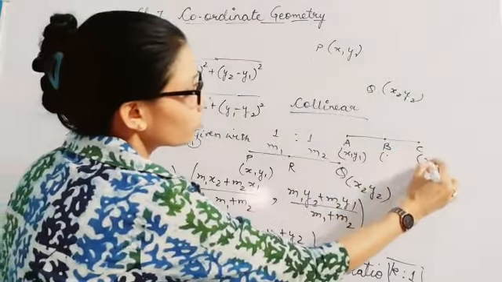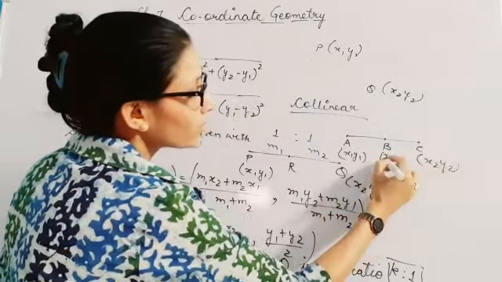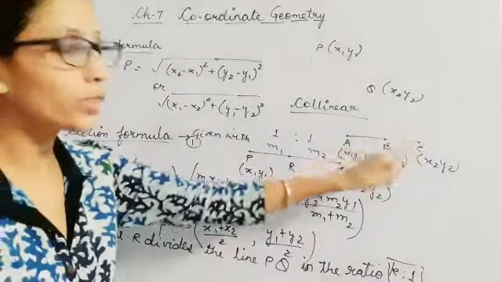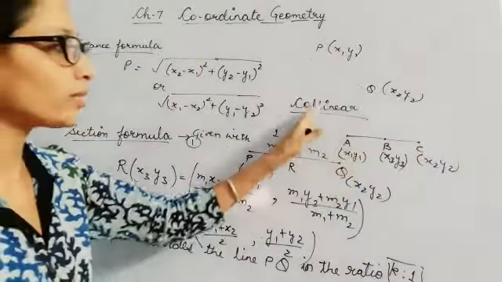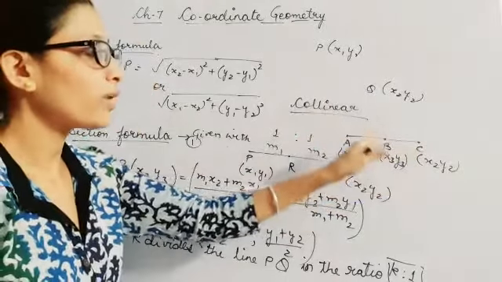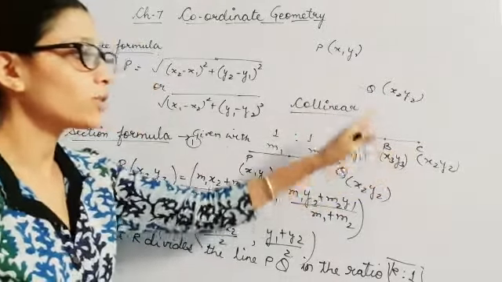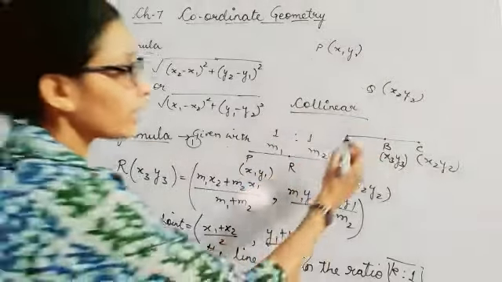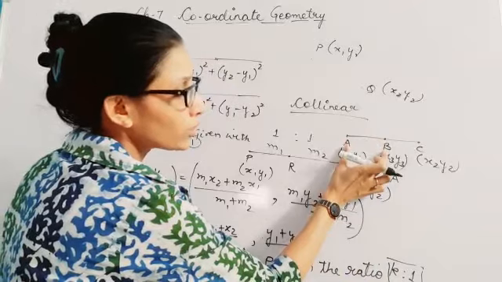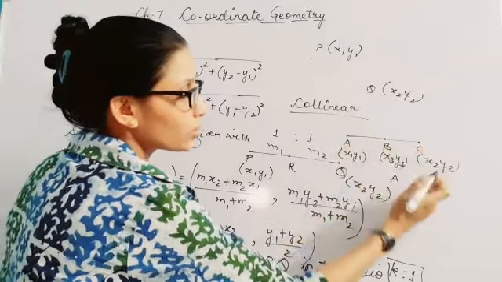Let's suppose the coordinates given to you are these, and if you want to find out whether these 3 points are collinear or not, collinear means lying on the same line. So if I want to find out whether ABC lies on the same line or not, then I will be using my distance formula. I will be calculating the distance of AB plus distance of BC.